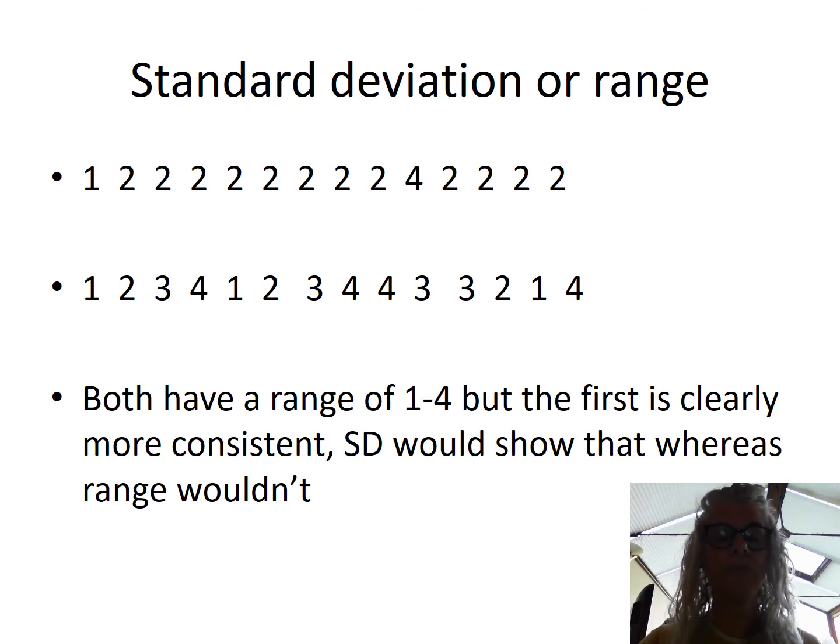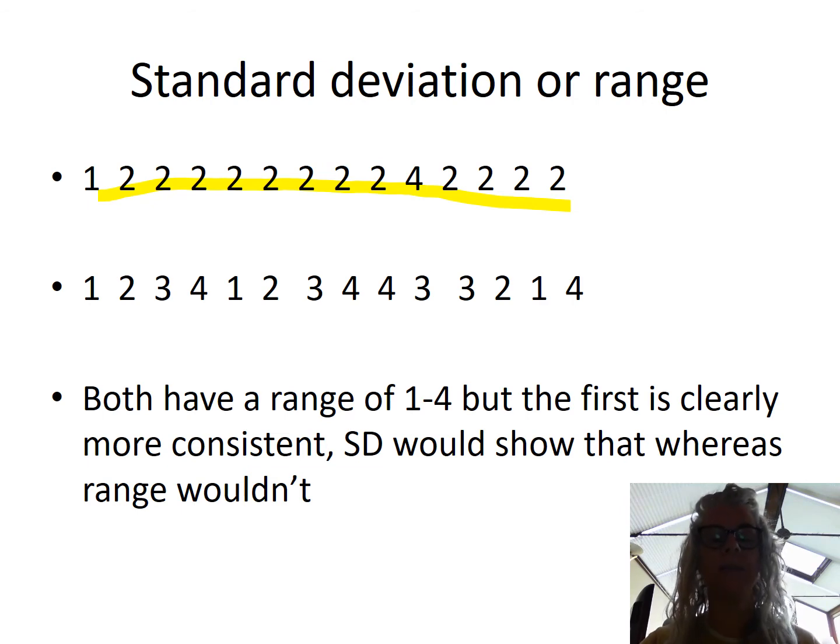Right, so standard deviation or range, I touched on this earlier. If you look at both sets of these, they have the same range. They are both 1 to 4. The lowest is 1, the highest is 4. But if you look at this top one, there is much more consistency with that.